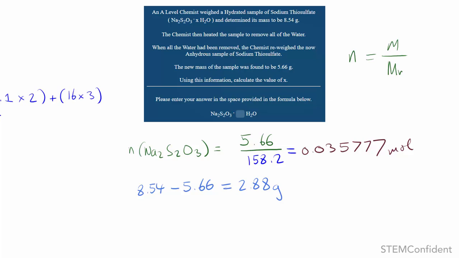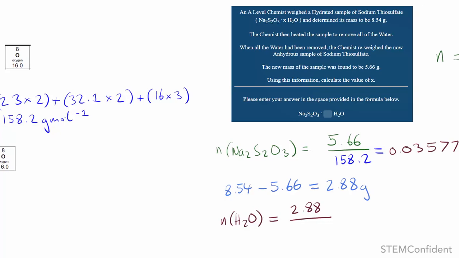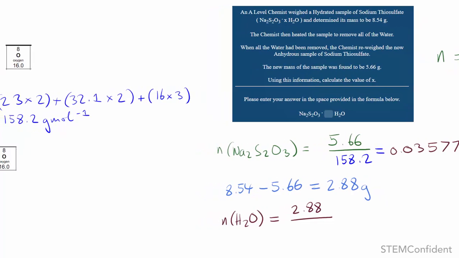So the number of moles of H2O is equal to 2.88 divided by the molar mass of H2O.